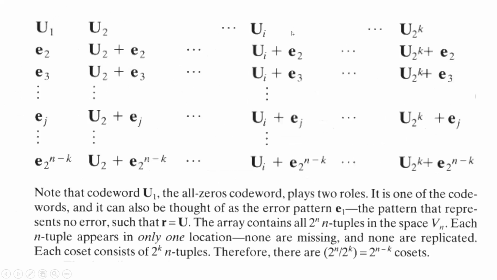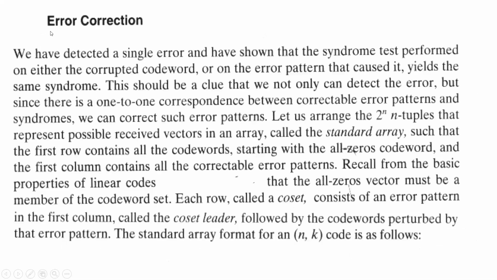The first row is all the valid code words. How many code words should there be? 2^k. Starting from U1 to U_{2^k}, these are the valid code words. The first code word is the all zeros code word, right? So that's what is said here: let's arrange the 2^n tuples that represent possible received vectors in a standard array such that the first row contains all the code words, starting with the all zeros code word.